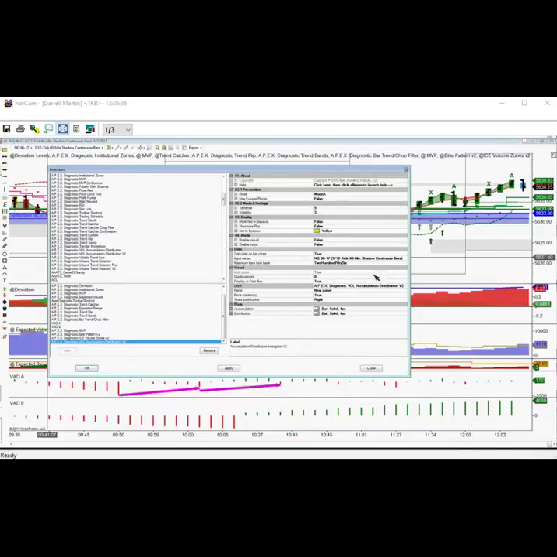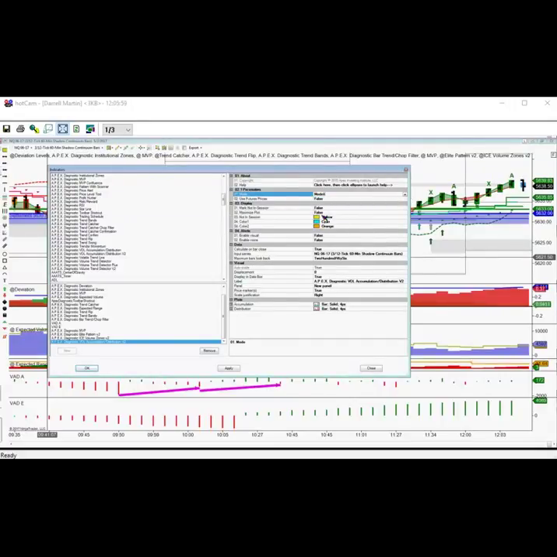And then over here, you can choose mode A, B, C, D, E. We found that mode A and E seem to work best. If you want to play with it, feel free, but that's what we use. I don't really change anything else. So mode A, and then mode E is right here.